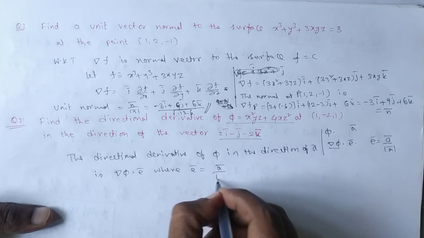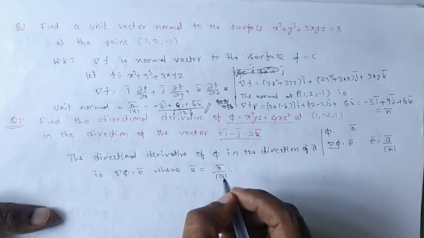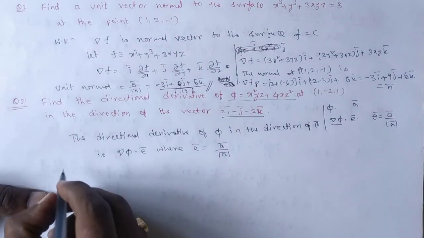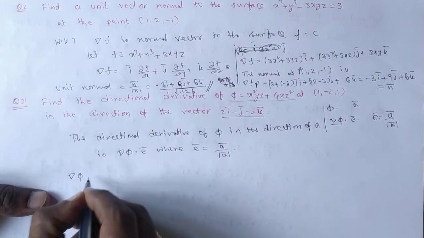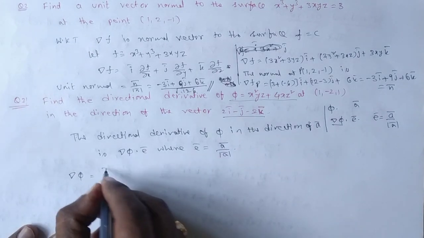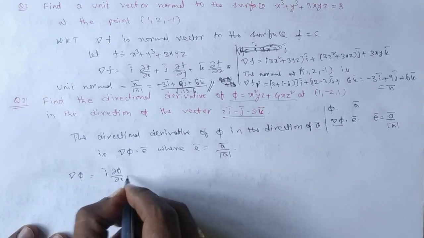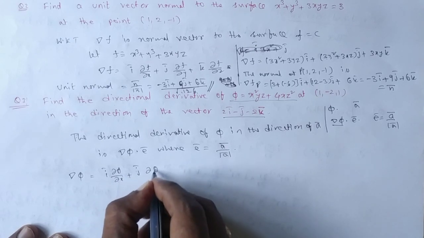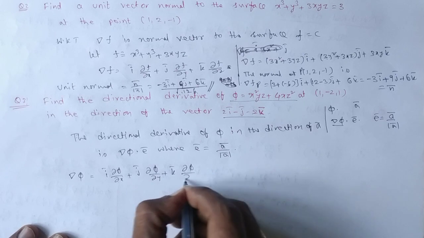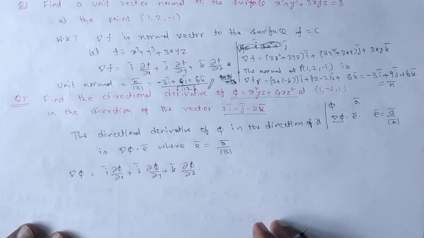A bar by modulus of a bar. Clear? So let us try to find out all these things. I am just starting with gradient of phi. So gradient of phi equal to i bar into dou phi by dou x plus j bar into dou phi by dou y plus k bar into dou phi by dou z.